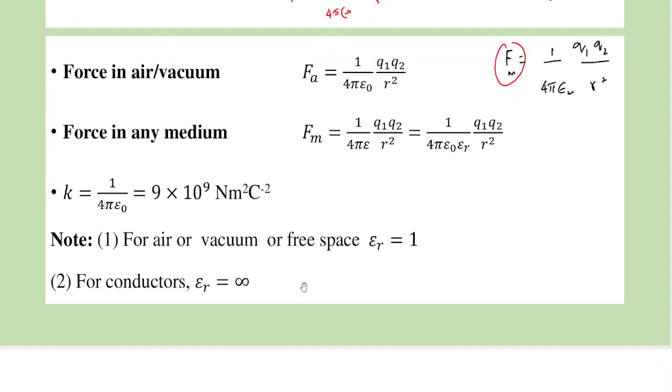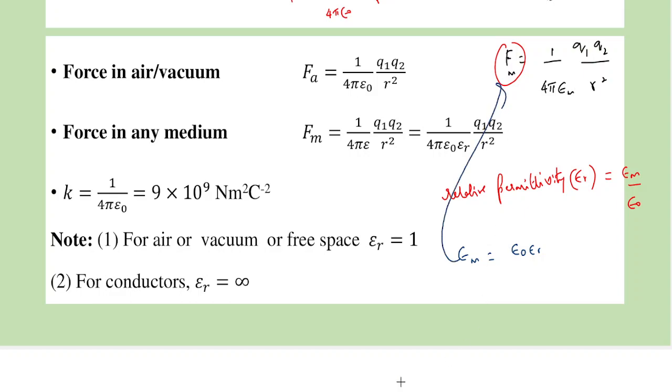So what we do now is define a term called relative permittivity, epsilon r. This is defined as epsilon m by epsilon naught. So from here, the epsilon for the medium is equal to epsilon naught into epsilon r.